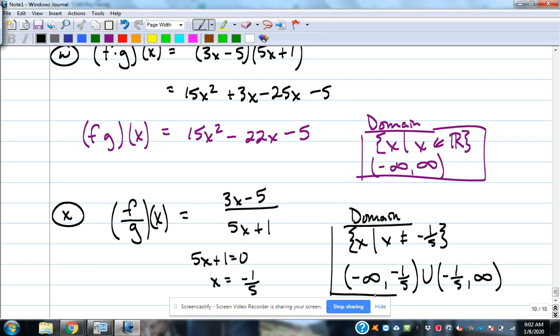That's it. So the operation, that's the easy part. When you get to the final answer there, look at it and see if there are any red flags. If there are, take care of the domain the same way we did with the others. No different, just doing those operations.